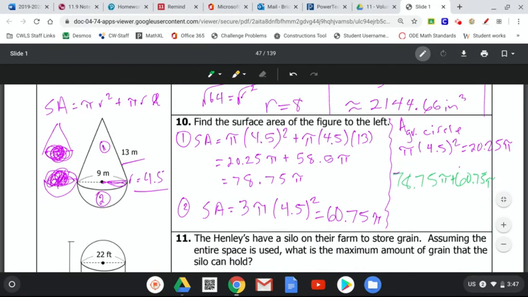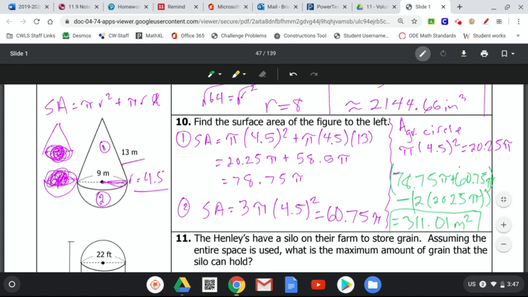But we're going to take that value and subtract out both of those great circles. Okay, so we're going to subtract out 2 times 20.25 pi because we have two great circles. So you have to plug that all in your calculator. I'd put this in parentheses and then put this part in parentheses. And as long as you do that, you can do it in one step. And so our total surface area is going to be 311.01 meters squared.